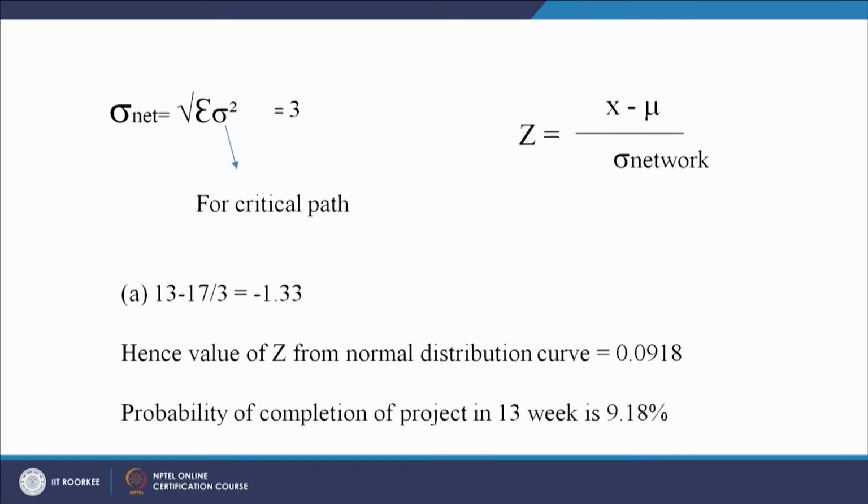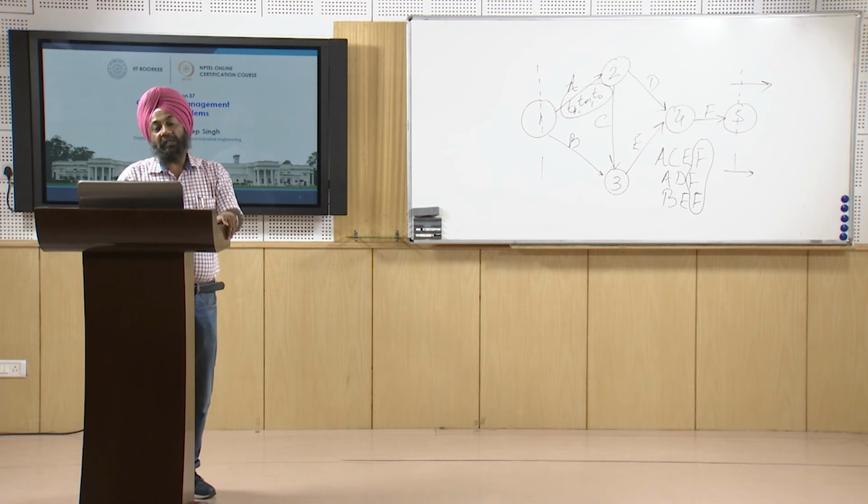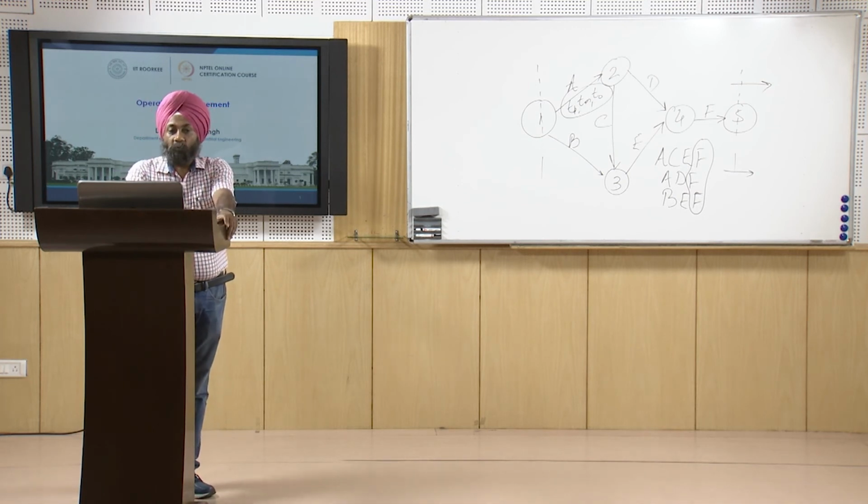Now, this formulation we have seen in the previous class: the Z statistic is equal to x minus mu divided by the standard deviation. X and mu you know. So we calculate sigma net, which is the summation of the standard deviations of the activities lying on the critical path. The first problem was to calculate the probability of completion 4 weeks prior to the expected time of project completion.